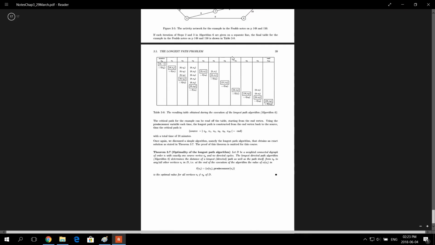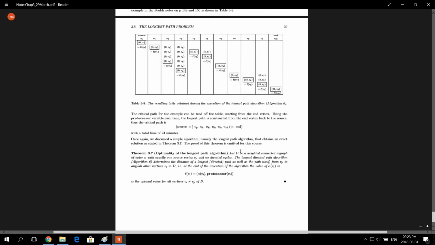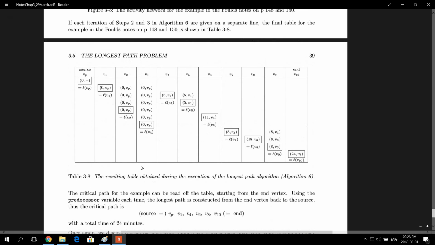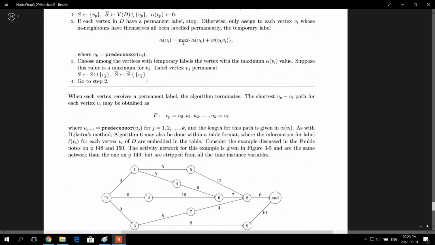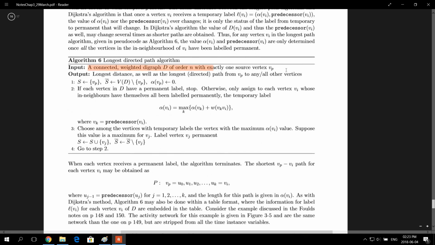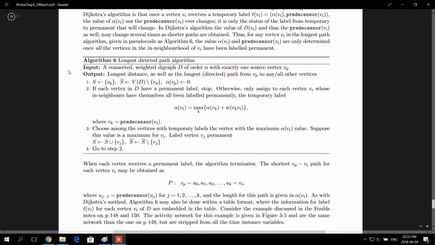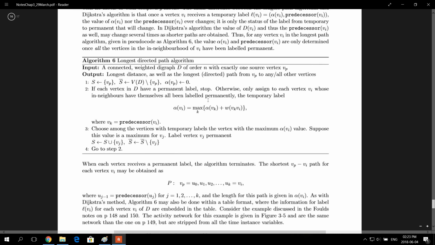Okay, so you can see this is the end graph, and we've got that. Theorem 3.7 is exactly the same as this, the input and output. It's the same, and these 4 steps here are exactly what I said.